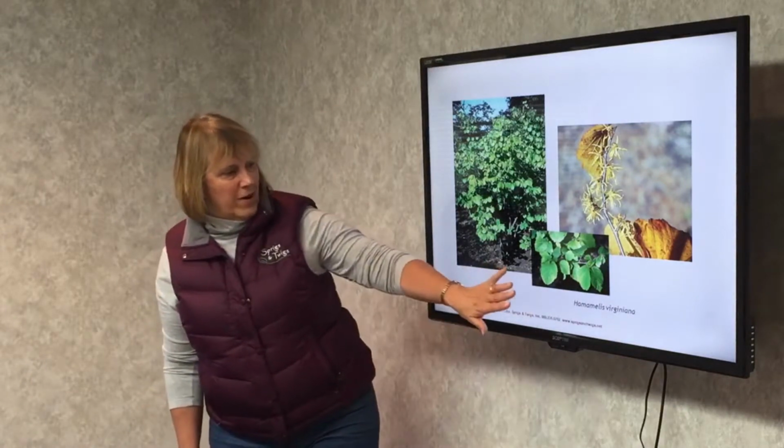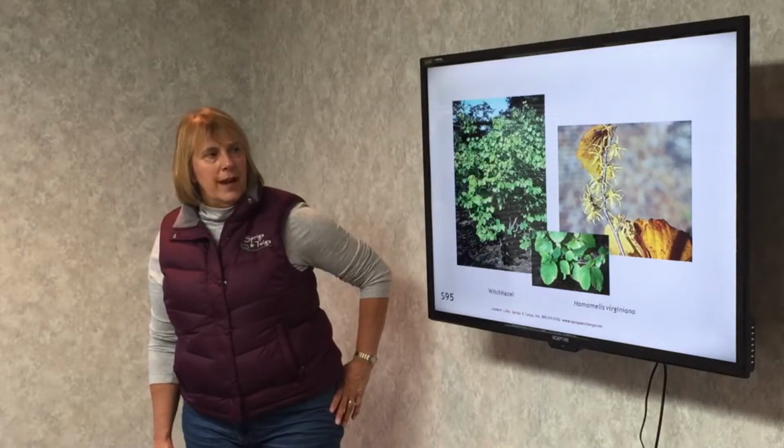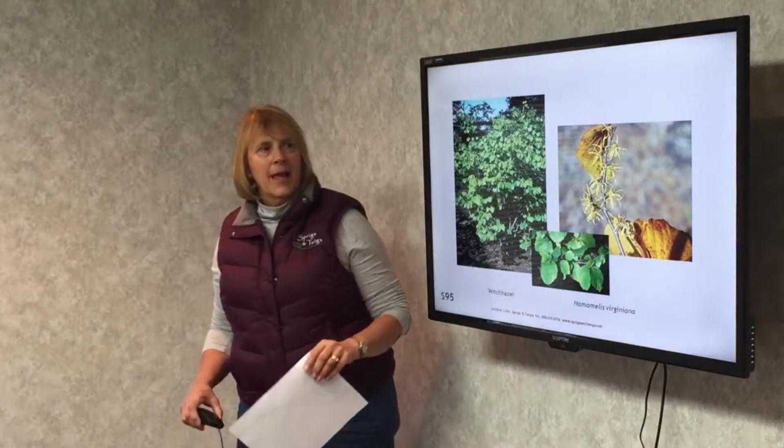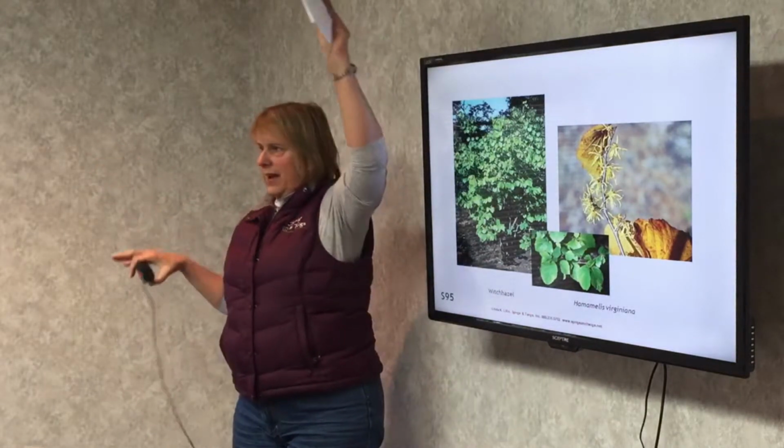This straight version of witch hazel turns into a small ornamental tree, 18 to 20 feet tall by 18 to 20 feet wide, and it doesn't have a shape. It's very unique in its shape. It's kind of all over the place.